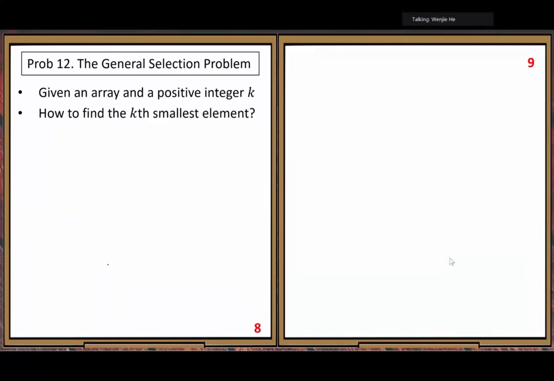Some people call this the kth order statistic of the array. Another terminology people use for this number k is the rank. The rank equals k, so rank equals 1, 2, 3, and so on.